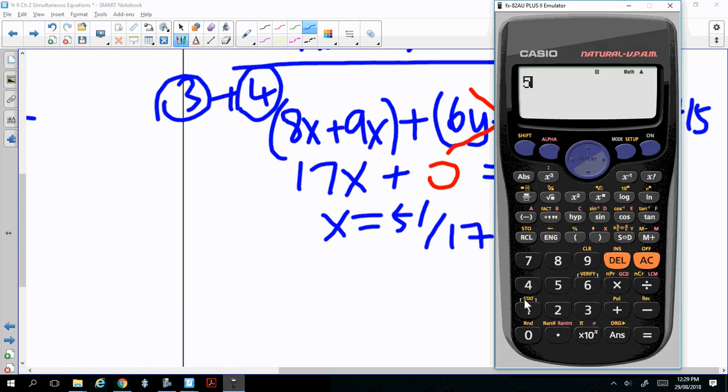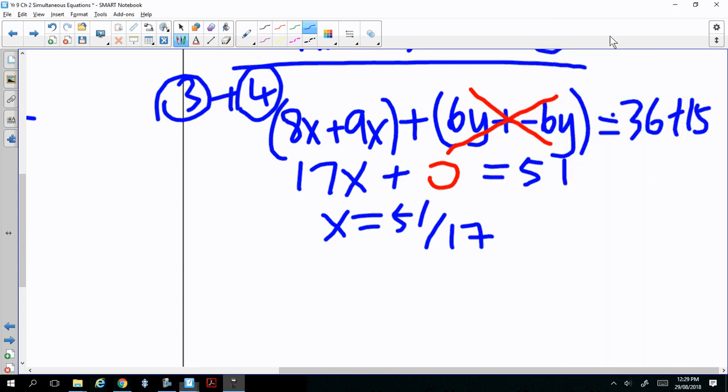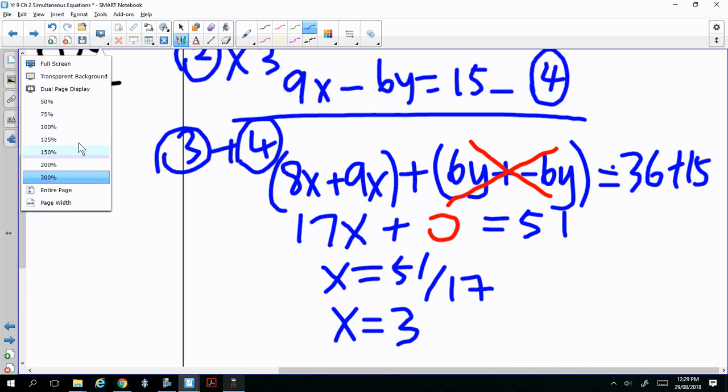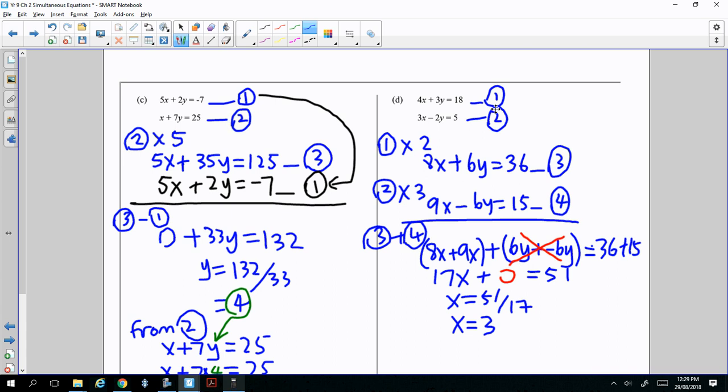Once you get x equal to 3, you sub it back into either 1 or 2. So I'm going to substitute into 1. You've got 4x plus 3y equal to 18.